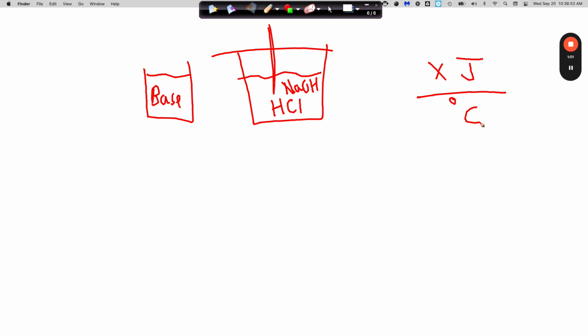Is the heat capacity the same thing as the capacity?